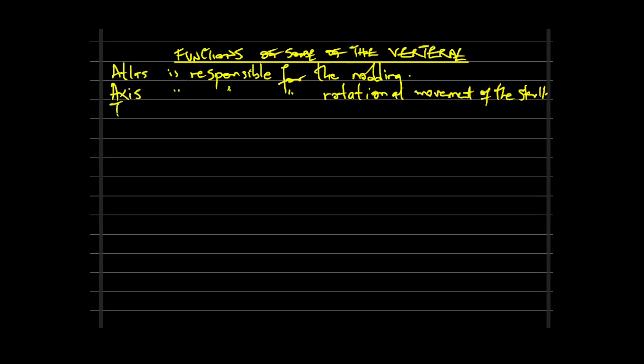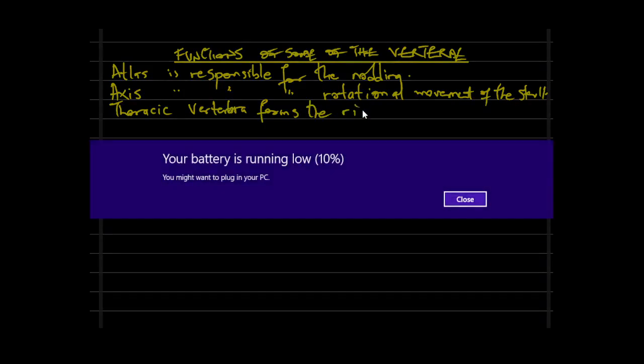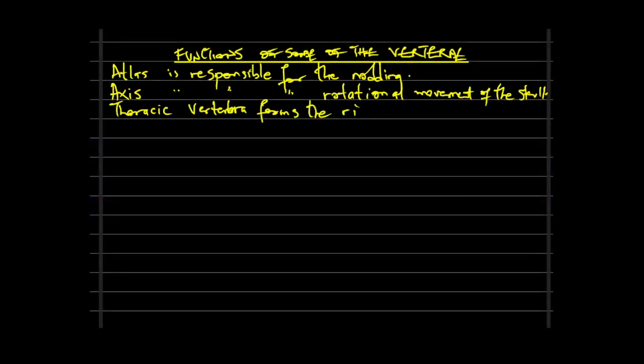And then the thoracic vertebrae form the rib cage.